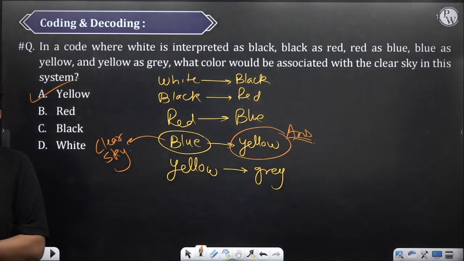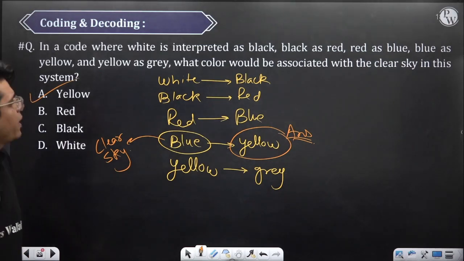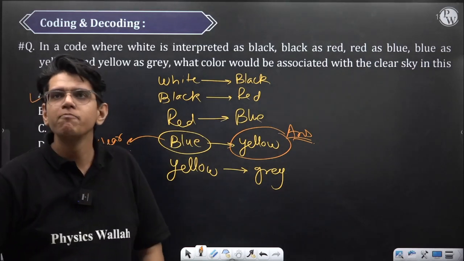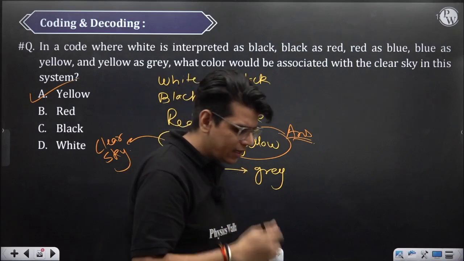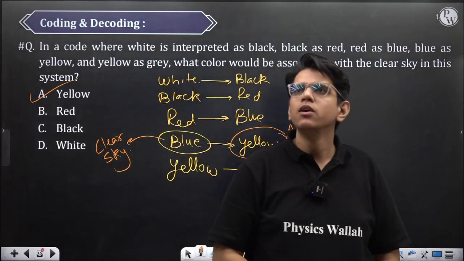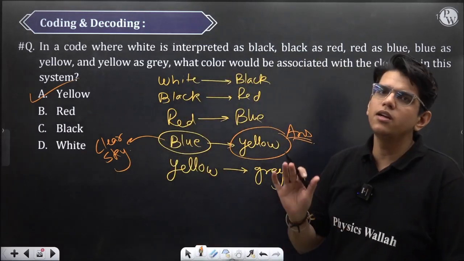Questions for coding are mostly very easy. You just have to apply a bit of your mind and they become easy. In reasoning, every year we are getting 10 to 15 easy questions. So this is one of the scoring parts.